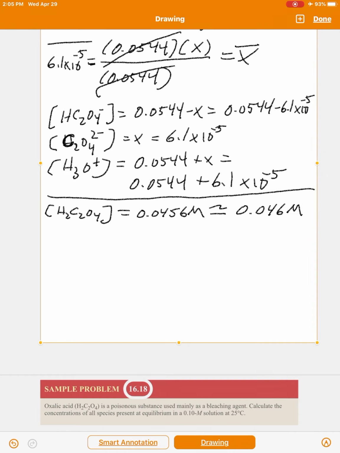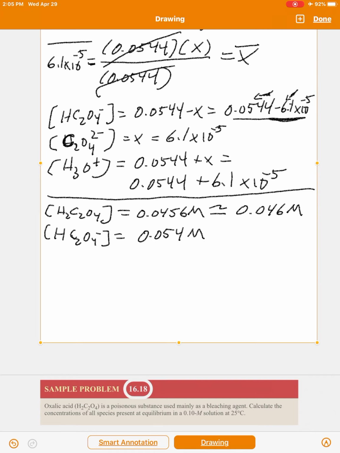Okay? But then we've got HC2O4 minus, which is the conjugate base of H2C2O4, and we figured out that that was 0.0544 minus 6.1 times 10 to the minus 5. Here's what happens, though. To 2 sig figs, if you do this difference, this number is so small compared to that one, it's really just this number here. So it's really 0.054.